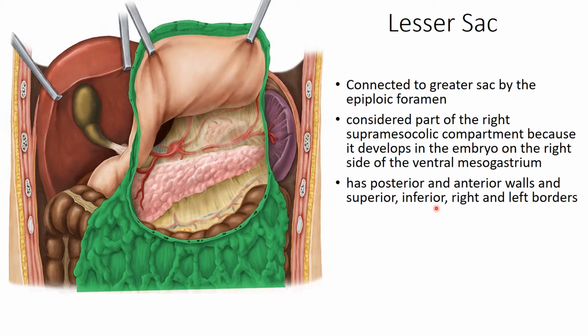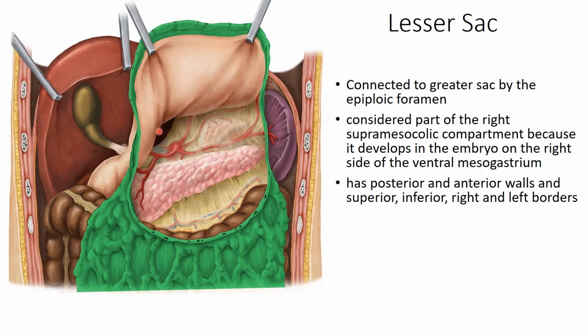The lesser sac is the space lying behind the stomach and the lesser omentum, and here it is shown by cutting the gastrocolic ligament. So it is cut and the stomach is reflected, and we can see the lesser sac.